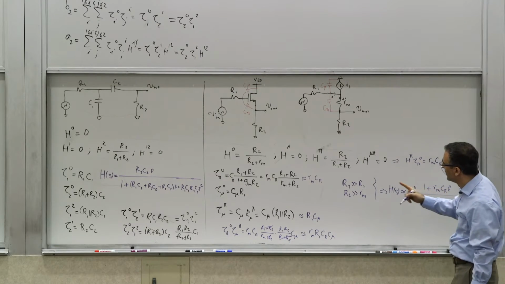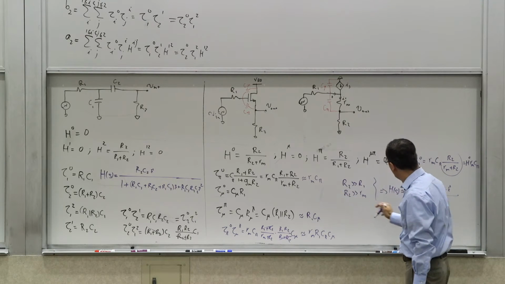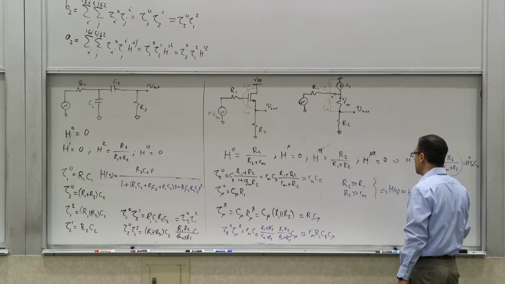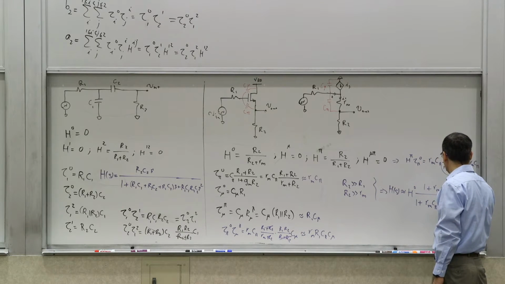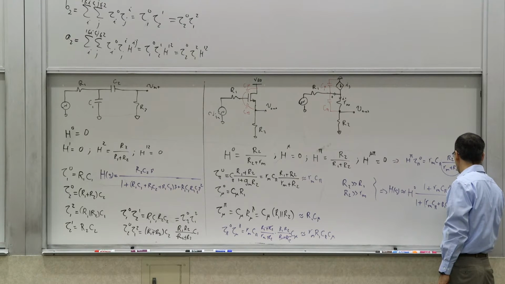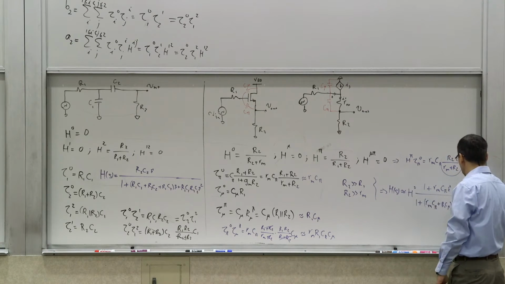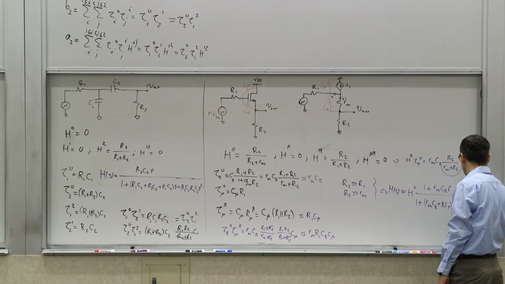You get 1 plus Rm C pi plus R1 C mu times s, plus Rm C pi R1 C mu s squared.